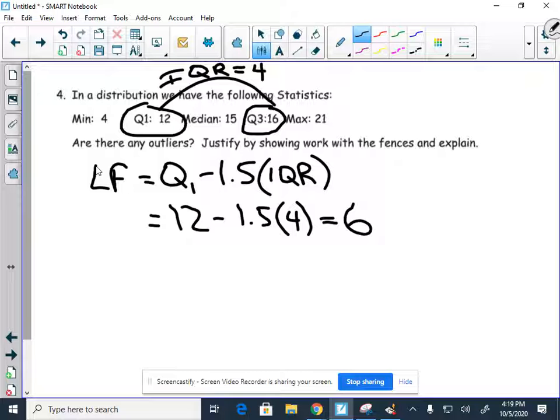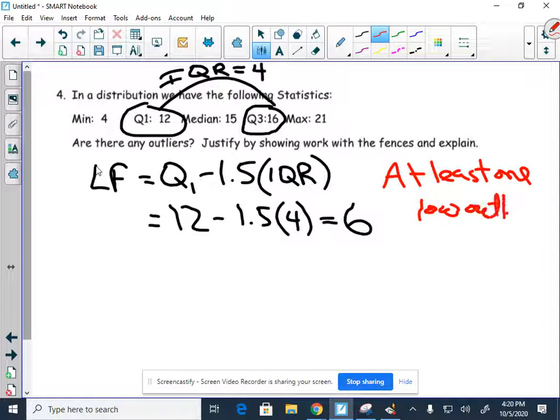Are there any values below that? There are. There's at least one low outlier of 4, because 4, the minimum, is below that fence. There could be more. We don't know. There could be other numbers in there, but we know there's at least one.